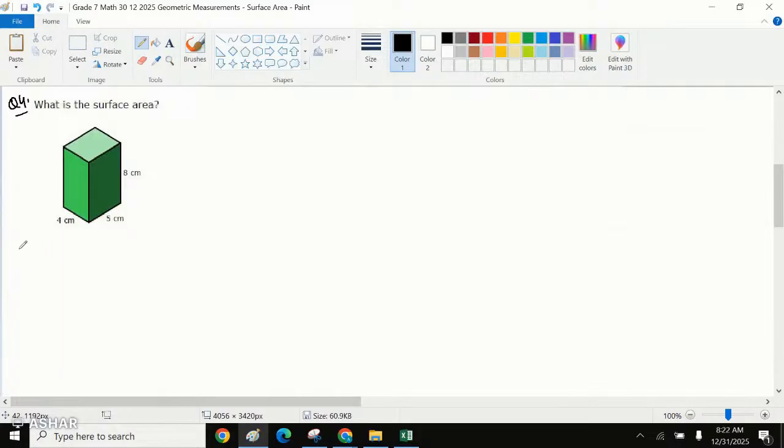We need to find the surface area. Before finding it, we label this. Let's suppose this was the width, this is the length, and this is the height. We can do it either way: twice of length multiplied by width plus twice of length multiplied by height plus twice of width multiplied by the height.